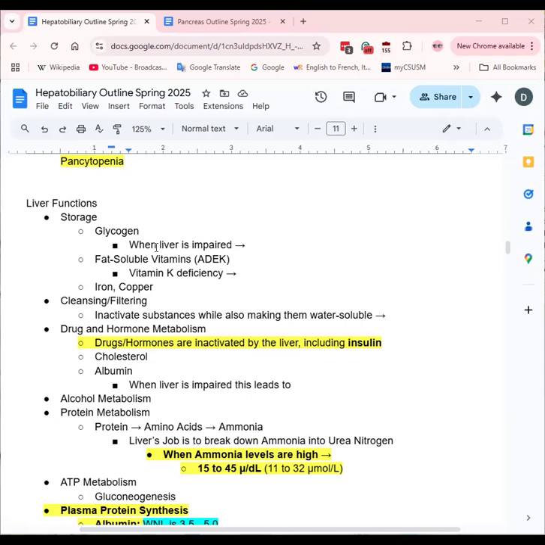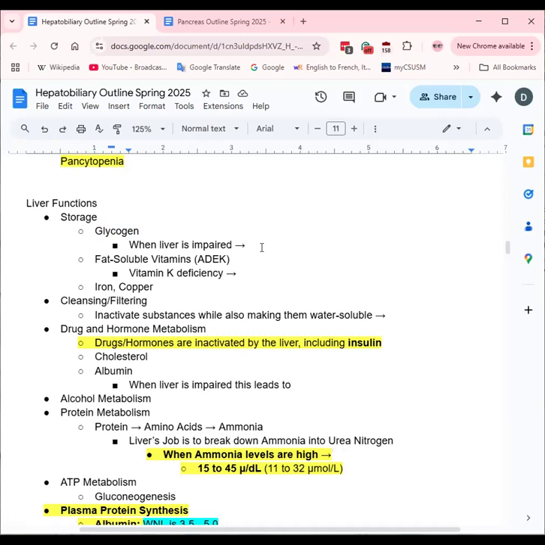Yes, so when the liver becomes impaired, what do you think can happen knowing that the liver stores glycogen? So if the liver's impaired, there's impairment in the storage of glycogen. So what do you think that could lead to?